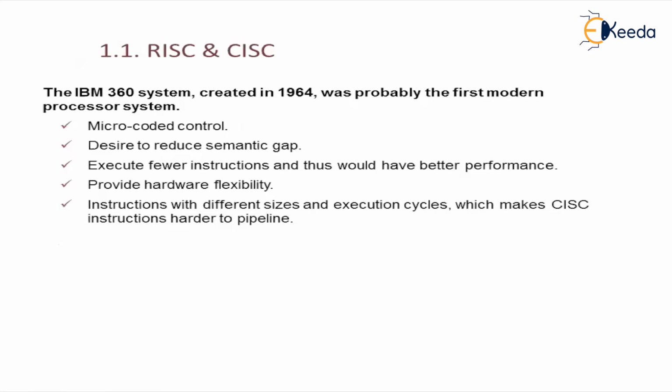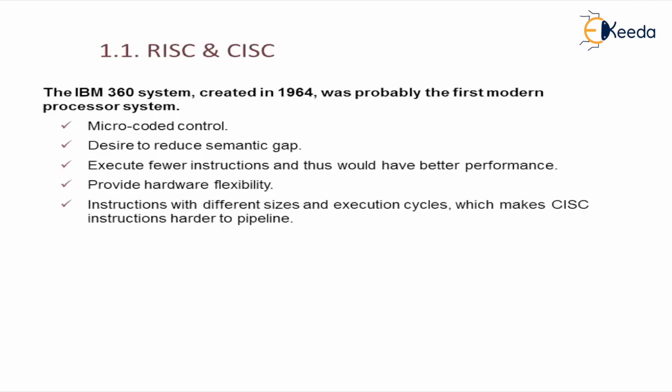Now, what do you understand by RISC and CISC, and how are they defined and why are they important? When you look at RISC, first of all, it is called reduced instruction set computer, and the IBM 360 system created in 1964 was probably the first modern processor system.